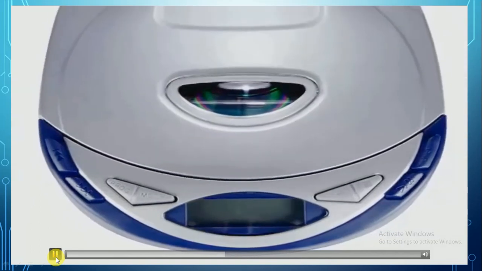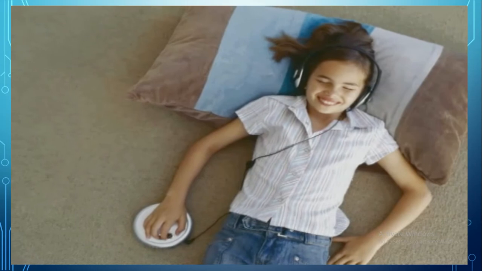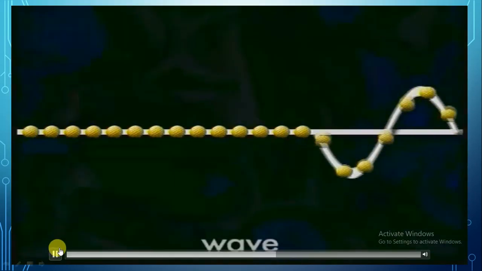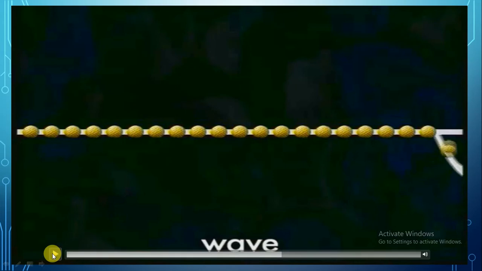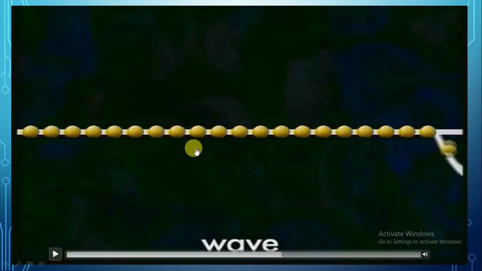A CD player changes electrical energy into sound energy. Both sound and light energy travel as waves. We're going to talk about the traveling of light or any kind of energy next session, inshallah, and we're going to know that energy travels as a wave.